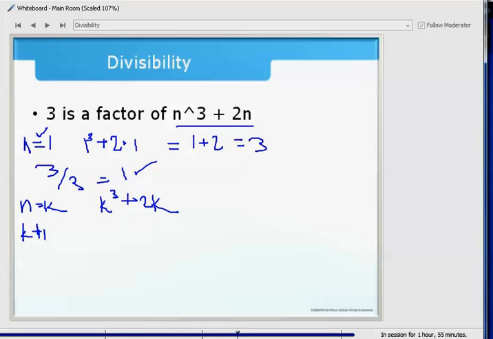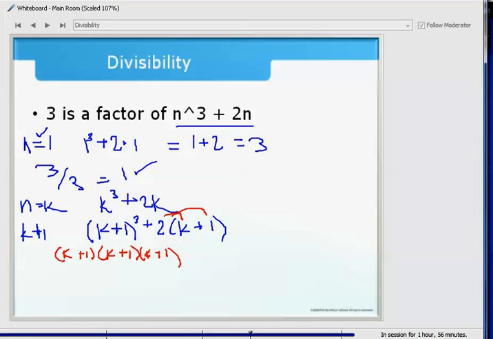When I do this, I'm going to have k plus 1 quantity cubed plus 2 times k plus 1. K plus 1 quantity cubed is k plus 1 times k plus 1 times k plus 1, and we still have 2k plus 2.